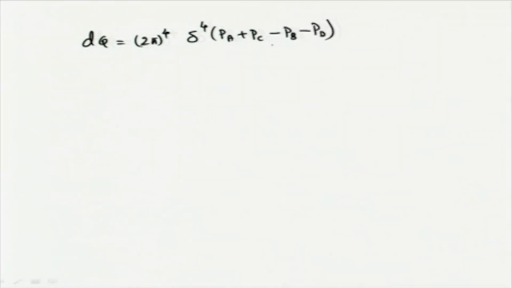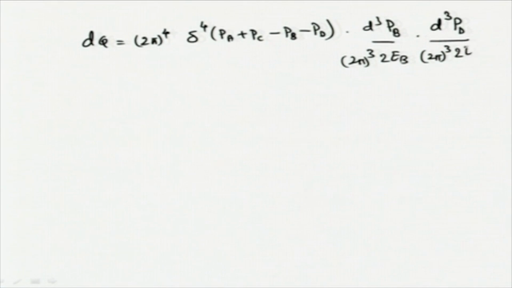Okay. So, now let us look at dq, which is 2 pi 4 delta 4 P A plus P C minus P B minus P D into d 3 P B over 2 pi 3 2 E B, d 3 P D over 2 pi power 3 2 E D. Firstly, there is a 2 pi power 4 factor in the numerator and then 2 pi power 6 factor in the denominator.